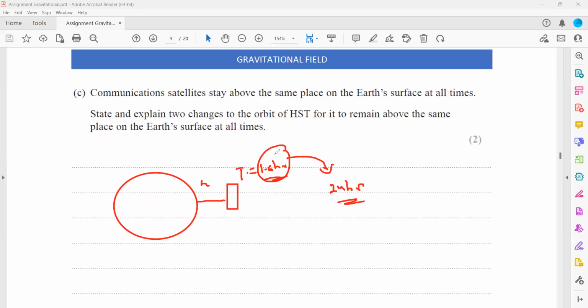And to increase this orbital time period to 24 hours, we have to increase the distance or height above the Earth's surface. It should be far from the Earth's surface, so the orbital time will increase. So it will become geostationary, and it won't change its position with reference to a point on Earth.